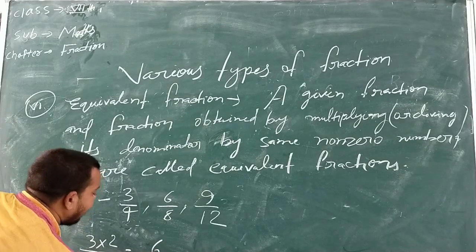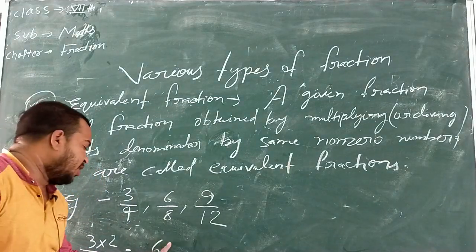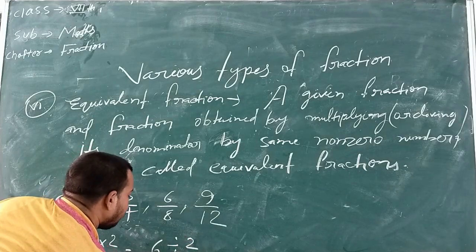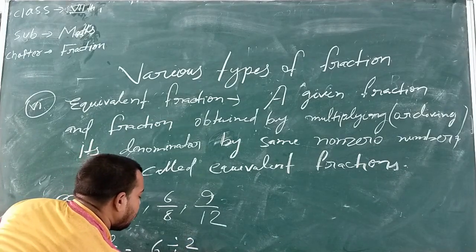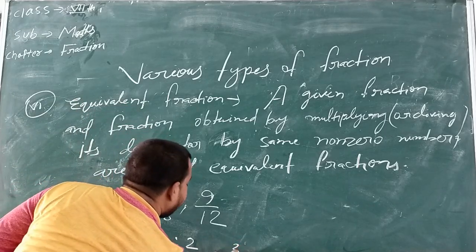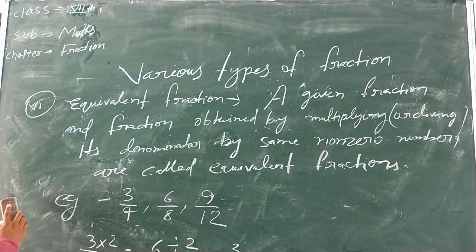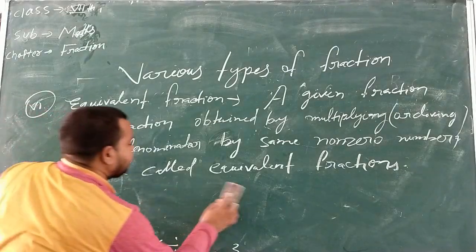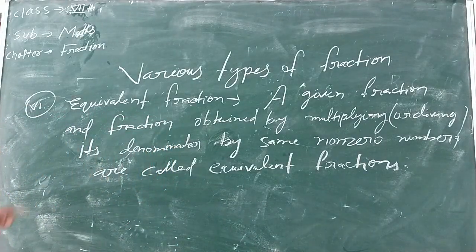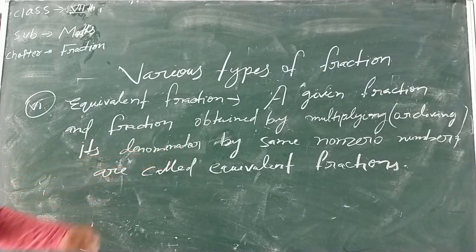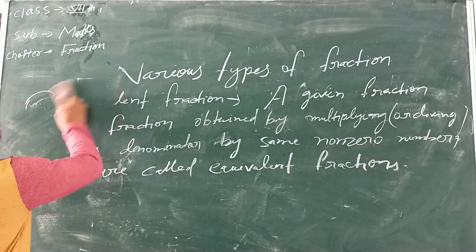Or if we divide 6 by 8 by 2, we will get 3 by 4. So these are equivalent fractions.